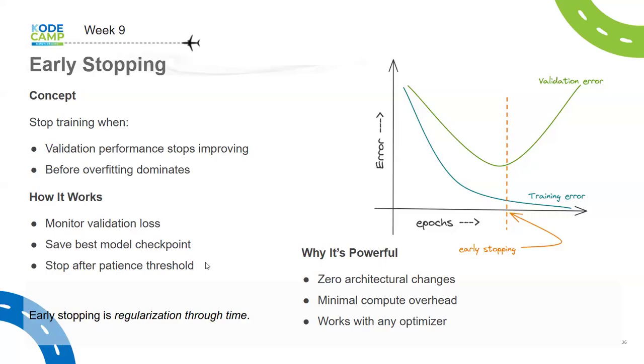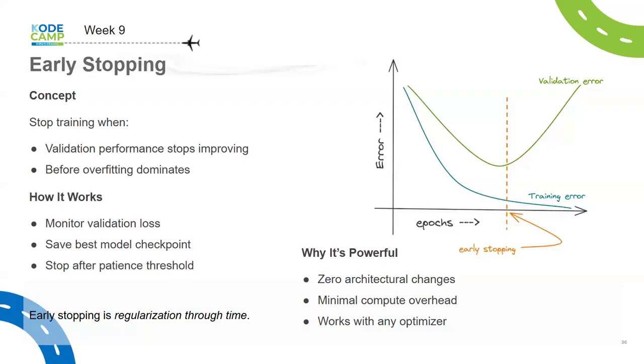The patience is the extra number of training epochs that you go once the validation begins to drift away, mainly just to be sure that it's not noise. It's not just a temporary spike or a temporary thing that will go back, right?